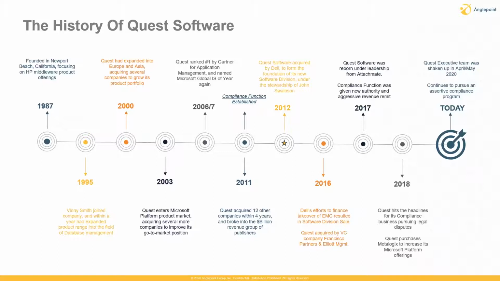I'm sure many people on this call may have had the pleasure of being on the opposite side of an Attachmate compliance audit, but they had a reputation in the industry and a specific approach to compliance, and that approach was pretty much instituted at Quest from 2017 onwards.